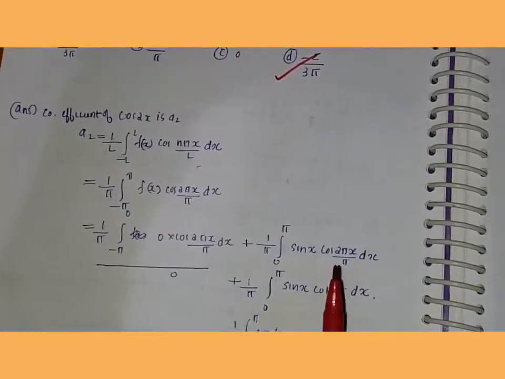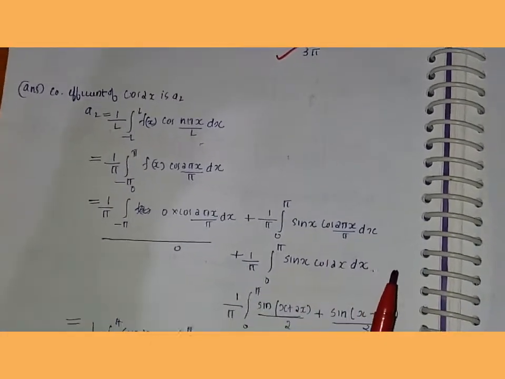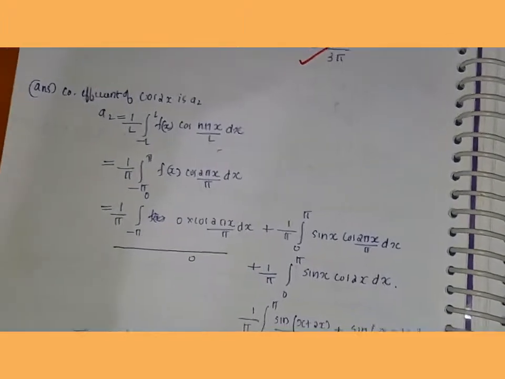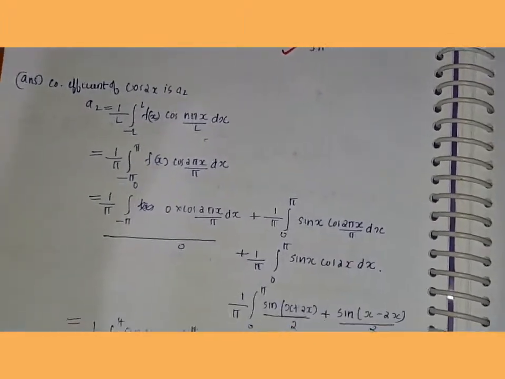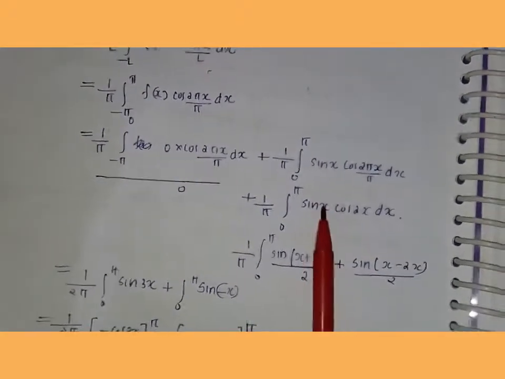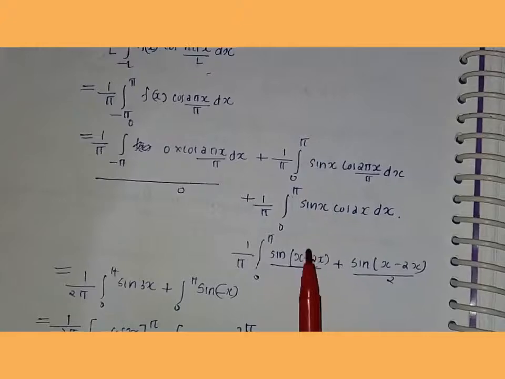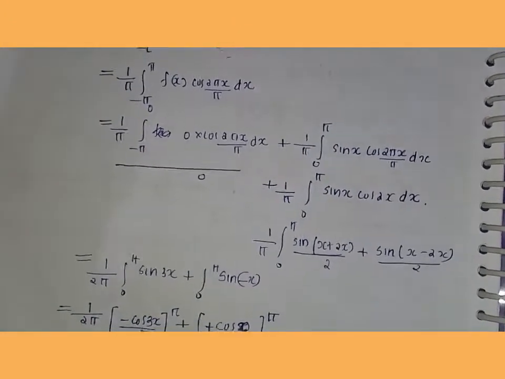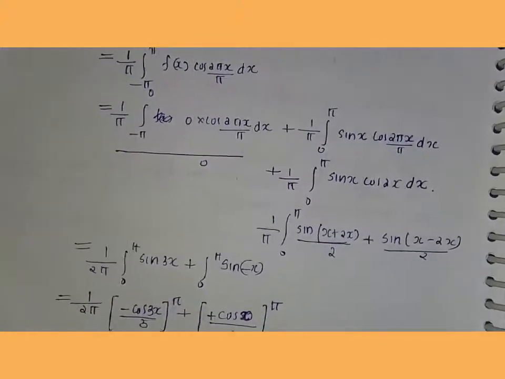Here we have sin x cos 2x. We know the formula, integral of sin a cos b is sin of a plus b plus sin of a minus b. So we can change this into the form sin of a plus b plus sin of a minus b. Here we get sin of 3x plus sin of minus x.